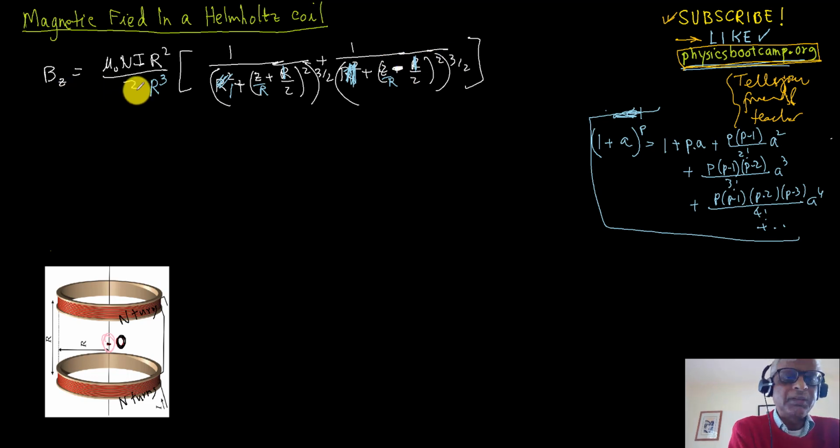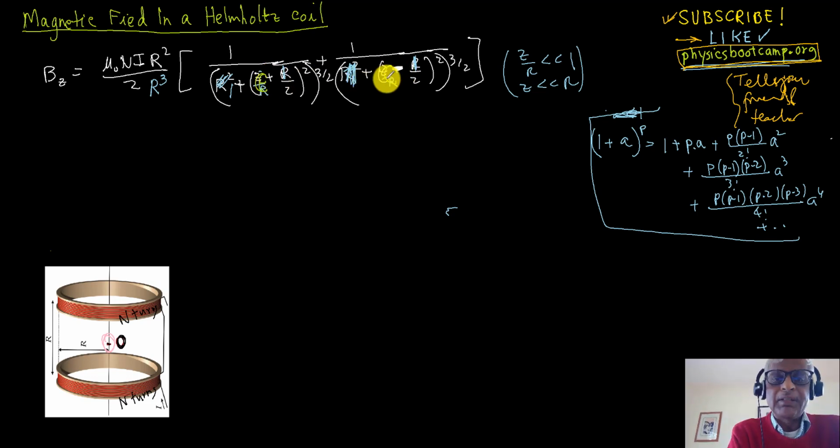So I put all the r out, and z/r is small, so we want z/r much less than 1, like z is much less than r. That's what we want. So we can call this epsilon, and call this epsilon. So epsilon equals z/r.